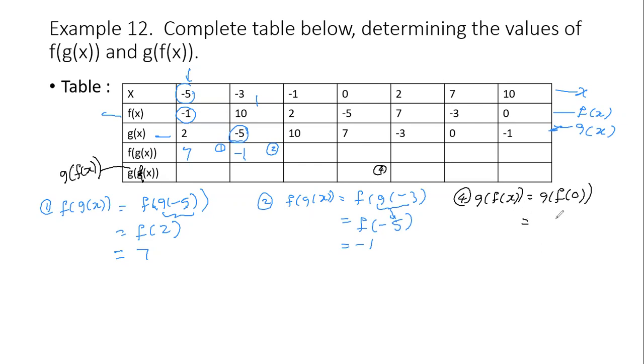F of 0 is what? F is here, and 0 is in this column. Therefore, f of 0 is -5. Therefore, we have to find g of -5.